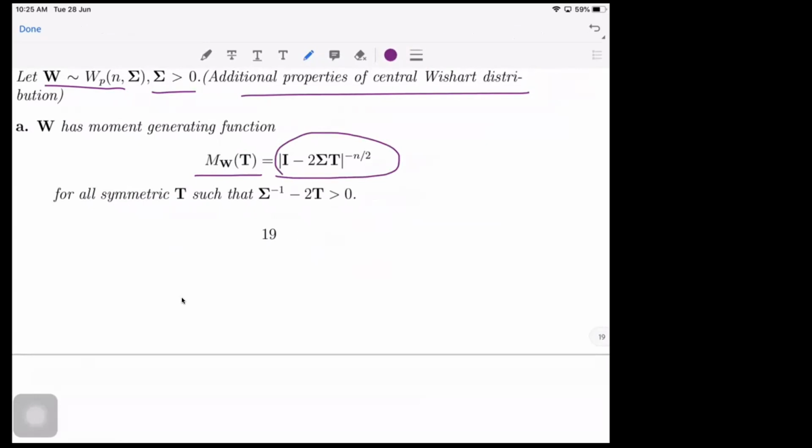Can anybody tell the moment generating function for a chi-square? Let's see if somewhat it's similar. This is found in your book. Else, let me have a Google. So let us see the moment generating function for chi-square.